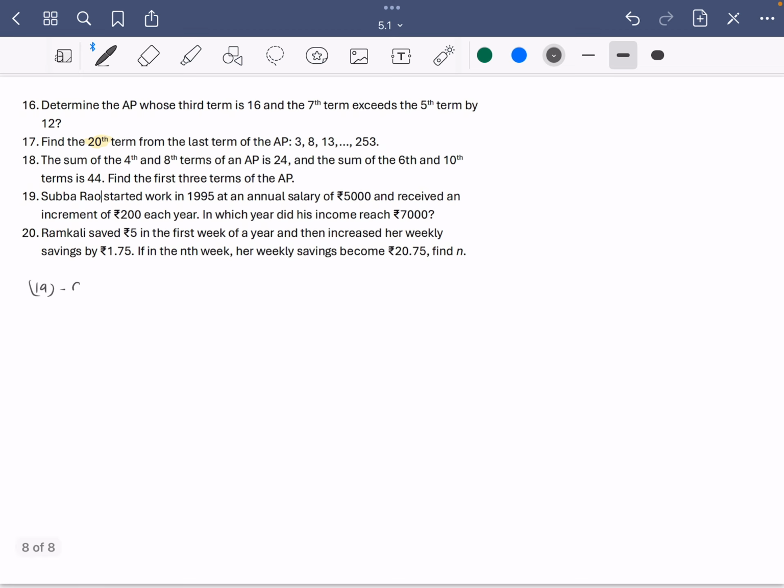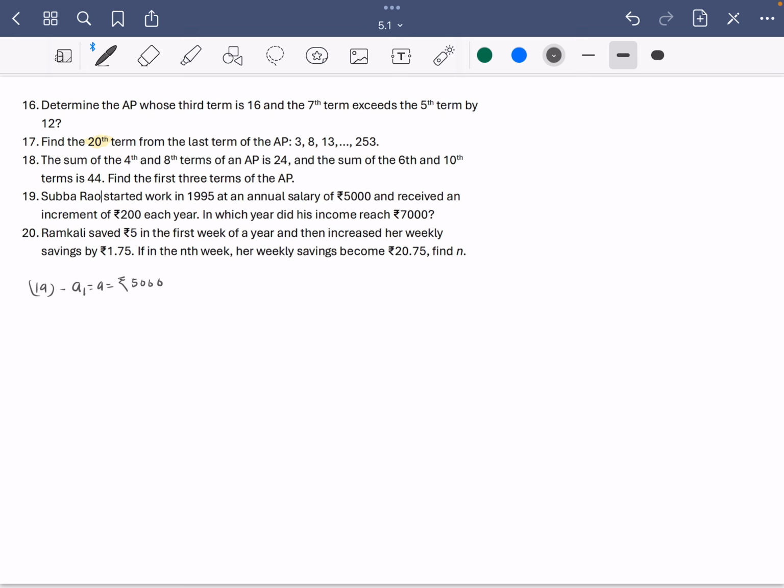So he starts, that means A1 or A is 5,000 and received an increment of 200 rupees each year. That means the next year his salary would be 5,200, and the next year 200 more.